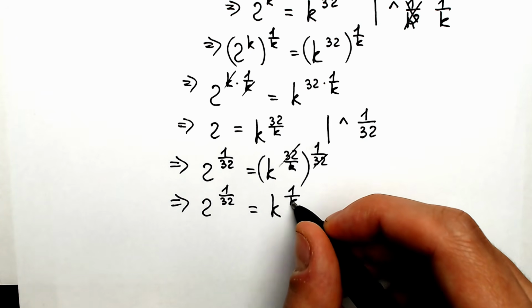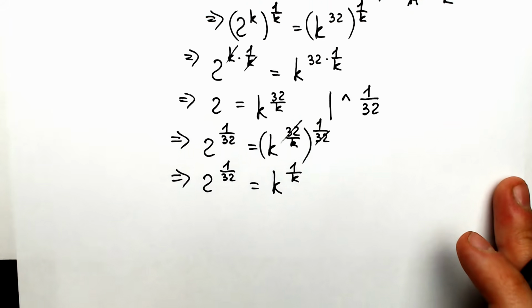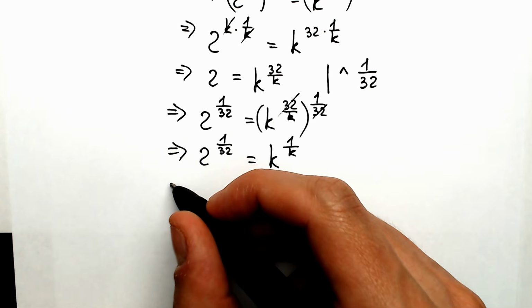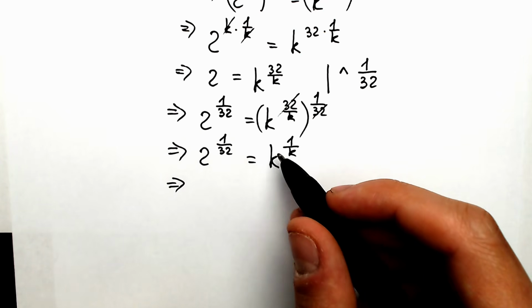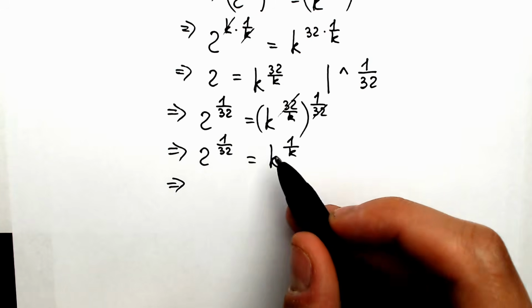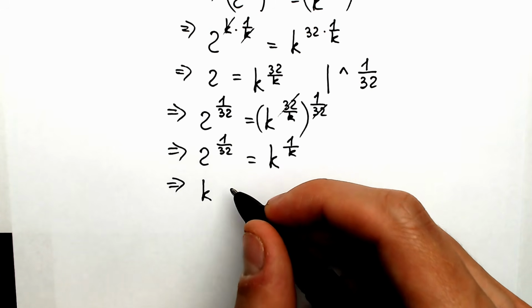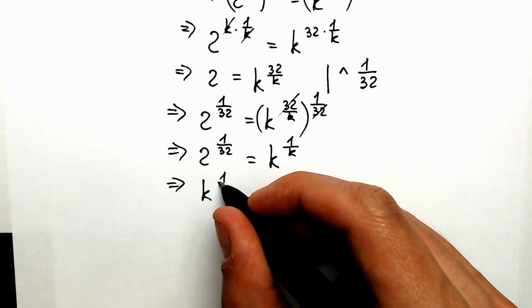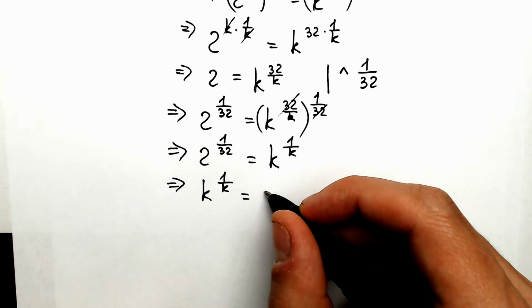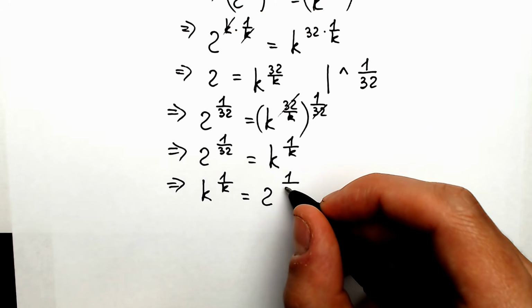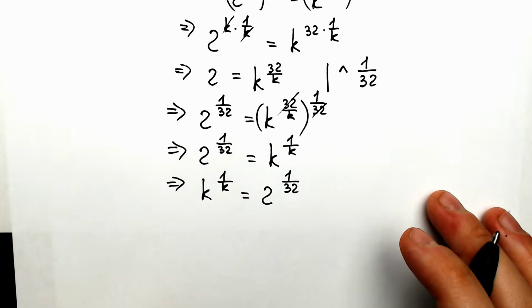For better understanding, in our last step in this part, we can change these positions because we prefer our variables on the left side. So k to the power 1 over k equals 2 to the power 1 over 32.